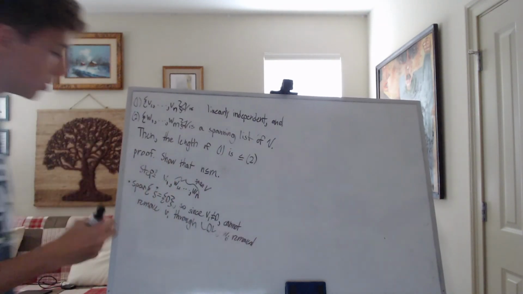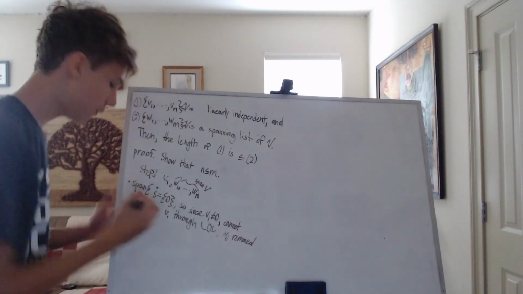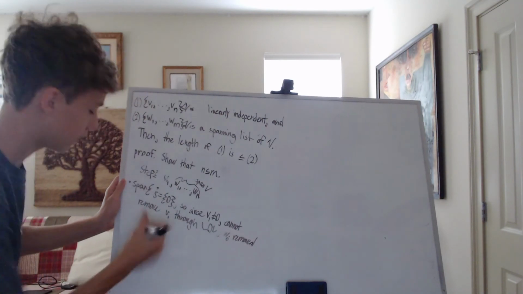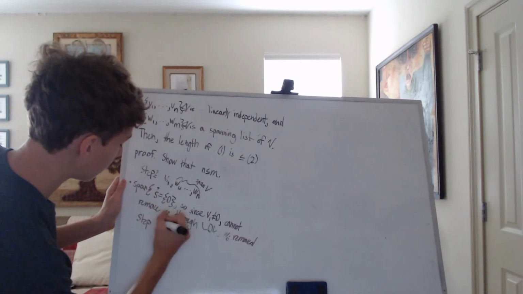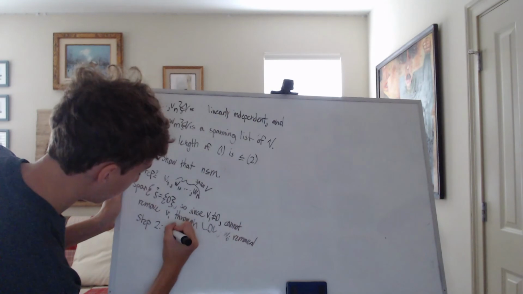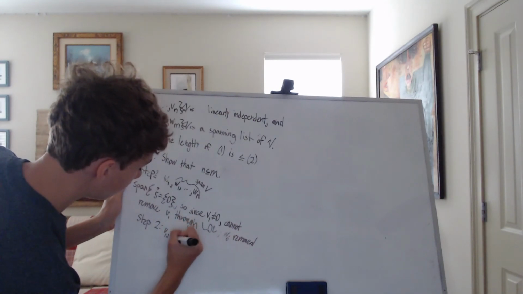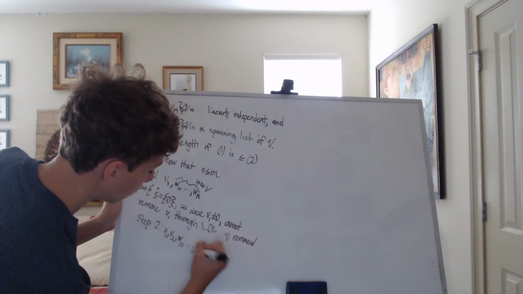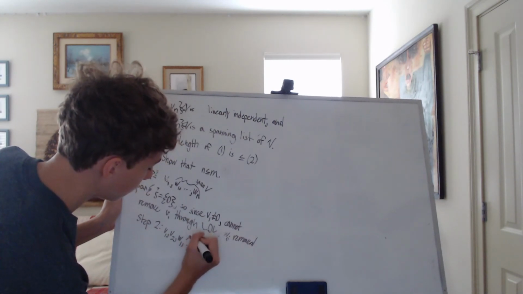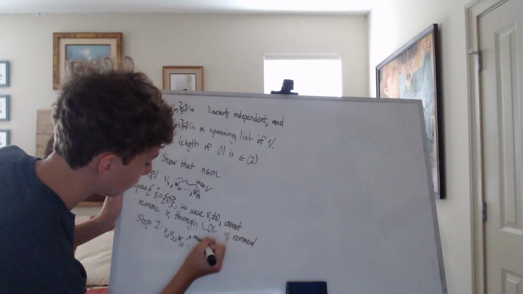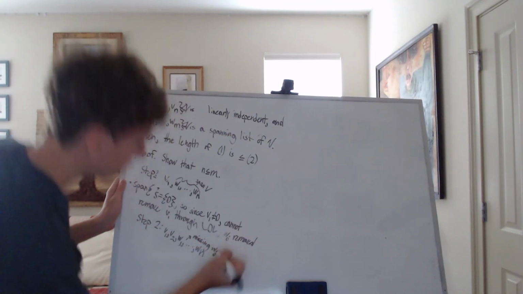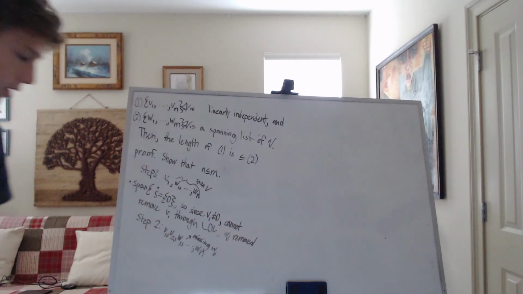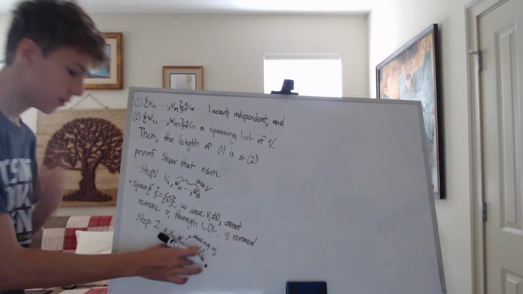And step 2, we again add another v. Step 2, we write v1, v2, and then w1 through wn, missing wj. We don't have wj. So every step we're adding a vector and consequently removing a vector.